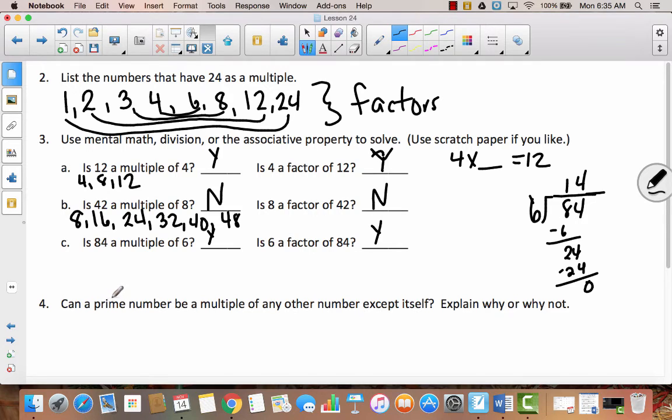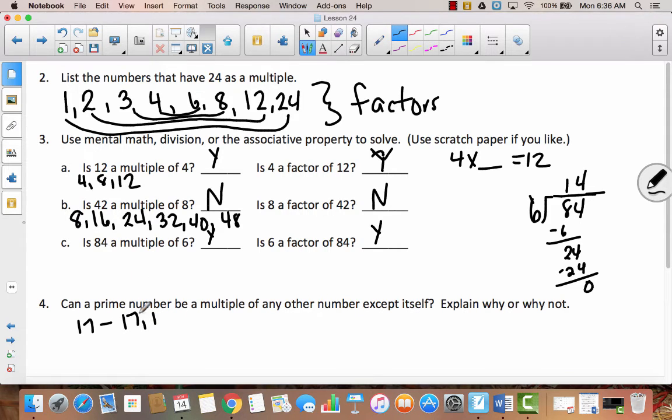Can a prime number be a multiple of any other number except itself? Remember what a prime number is? A prime number is a number that has exactly two factors. So think of the number 17, okay? 17 has two factors. It has 17 and it has 1.